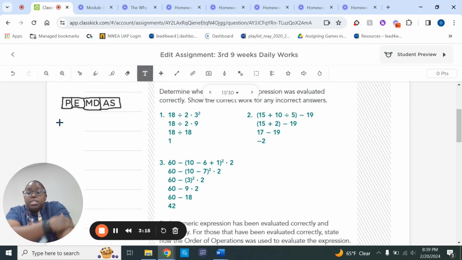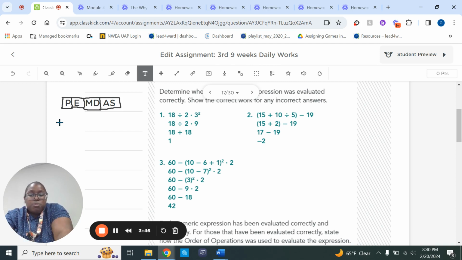PEMDAS stands for parentheses or grouping symbols. I prefer it to stand for grouping symbols because even though the actual letter comes from parentheses, you need to do this to all grouping symbols in order from left to right. Next, you have exponents, which need to be done from left to right. Then multiply and divide from left to right. And then add and subtract from left to right. Please do not think you have to do multiplication before division. That is not how it works.